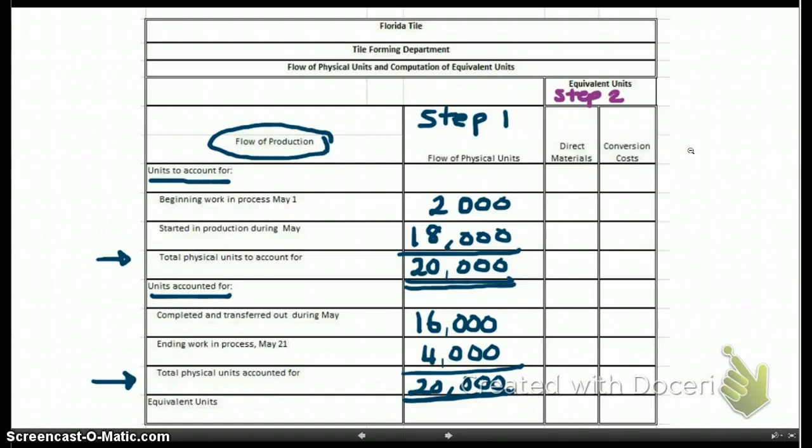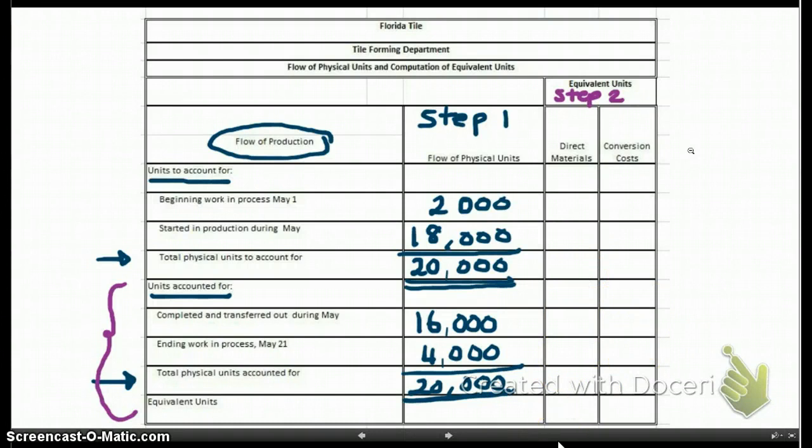In step 2, we're only going to focus on this bottom half of our flow of physical units. So we're only going to calculate equivalent units for units accounted for. We're going to calculate equivalent units for completed and transferred out, as well as ending work in process. And notice how we have split it into direct materials and conversion costs.